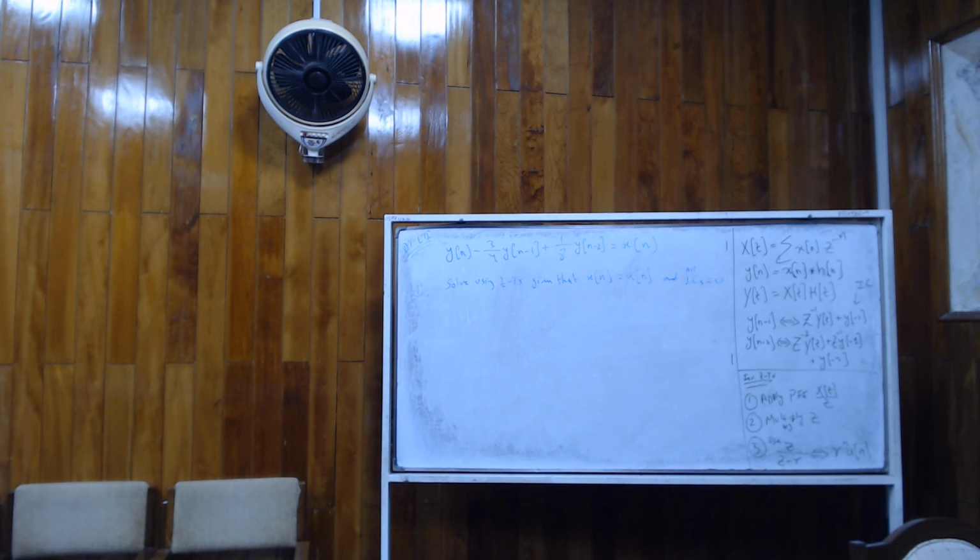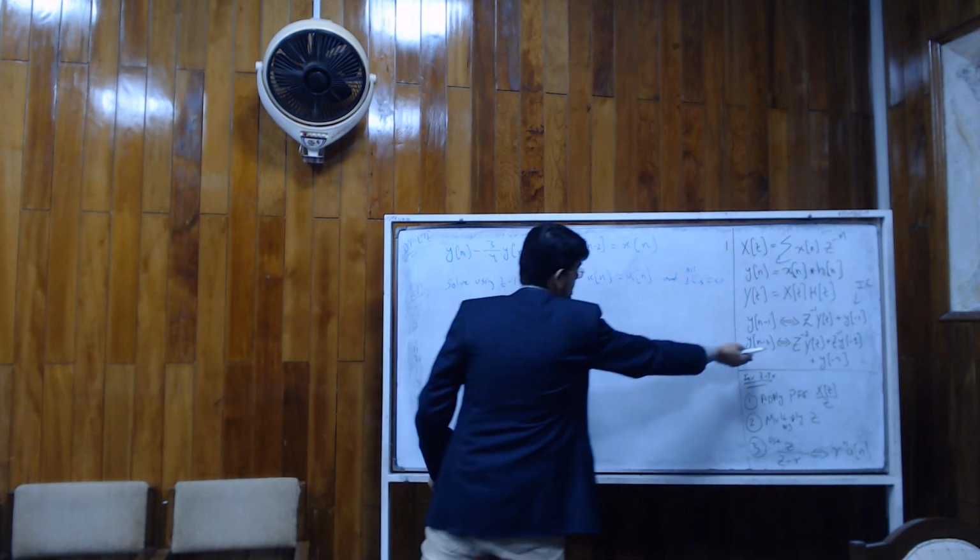Any progress? So how are you attacking the problem? You take Z transform on both sides. First term is yz. Then minus 3 by 4 z minus 1 yz. Then plus 1 by 8 z minus 2 yz. Agreed?